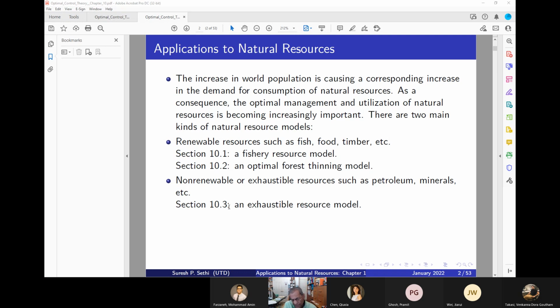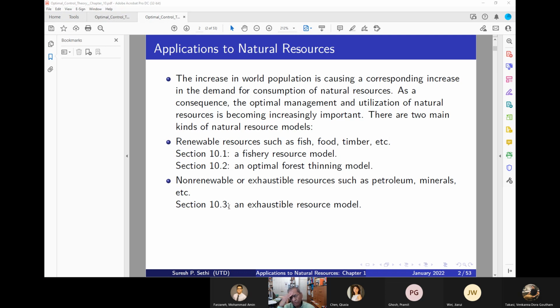There have been a number of exhaustible resource models in economics, and my model on exhaustible resource is not novel. I mean, how you model the dynamics and everything is standard in some way.